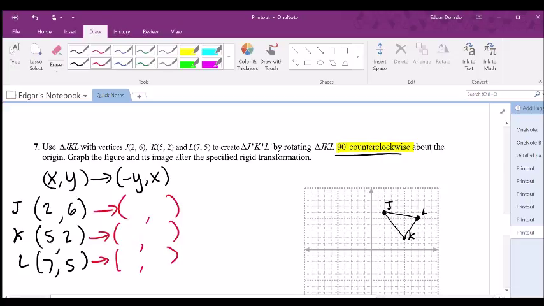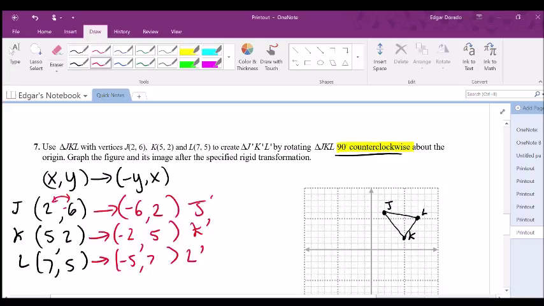So let's see what we get. Well, again, my y is now going to turn into a negative and then switch roles. So this is really going to be a negative 6, 2. This would be a negative 2, 5. And this a negative 5, 7. This is my J prime, K prime, and L prime.